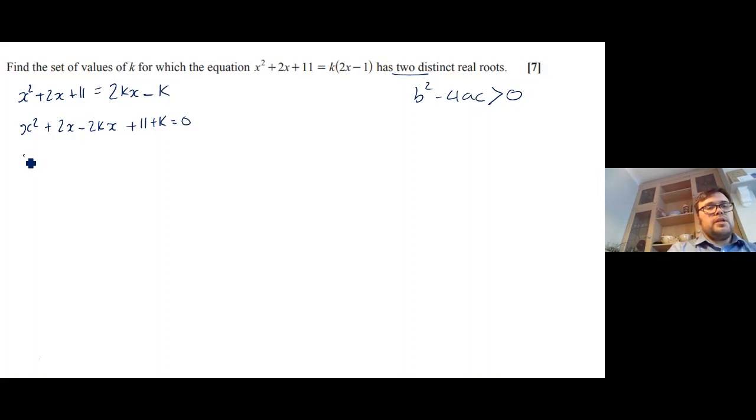So then it is x squared plus 2x minus 2kx plus, and then I'm going to put 11 plus k in the bracket as well. So again, here is my a, which is equal to 1, my b, which is 2 minus 2k, and then my c, which is 11 plus k.